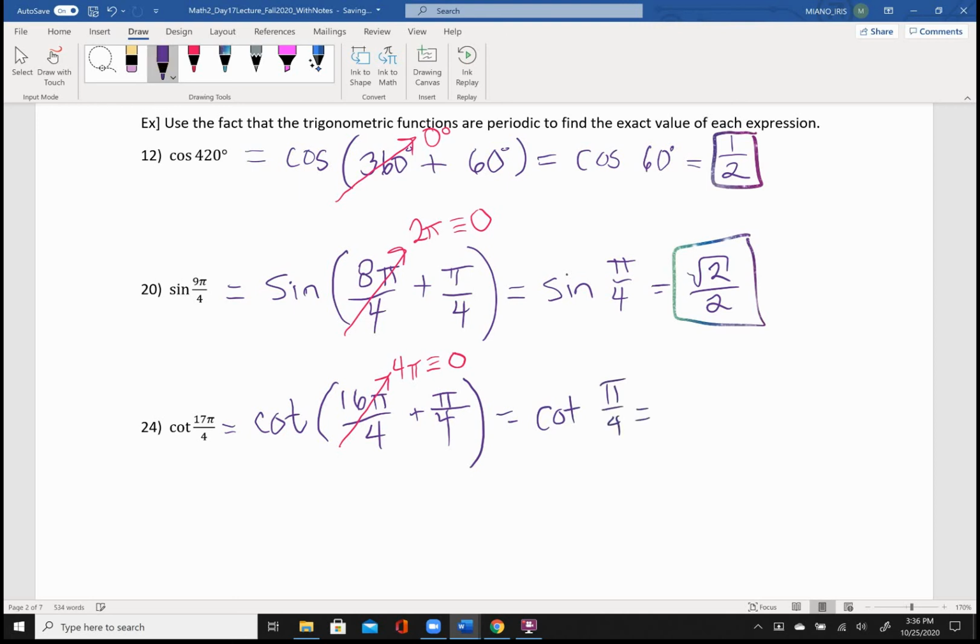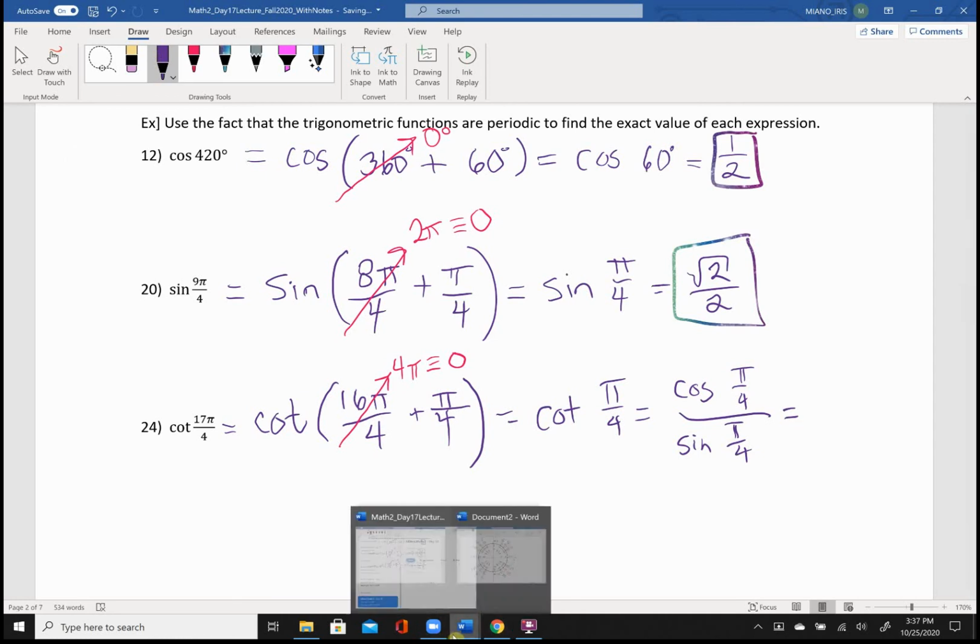And what is the cotangent? Do we remember? The cotangent is like x over y, and x is cosine and y is sine, right? So we could say that this is equivalent to cosine of pi over 4 over sine of pi over 4. And do you guys remember what pi over 4 had for its cosine and its sine?